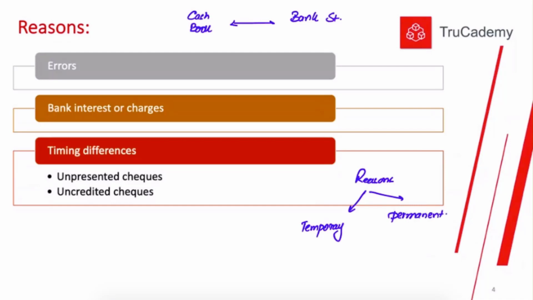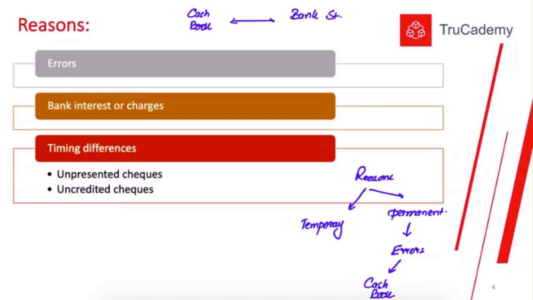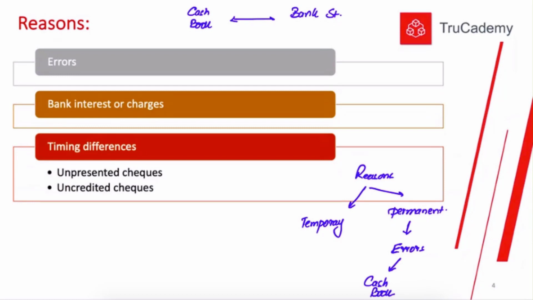What are permanent differences? Permanent differences are because of errors. Who made the error? Maybe the business made an error in the cash book, and then definitely the balance of the cash book will not match up with the bank statement.